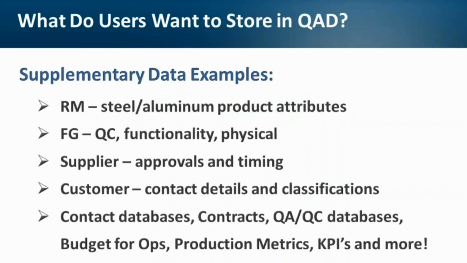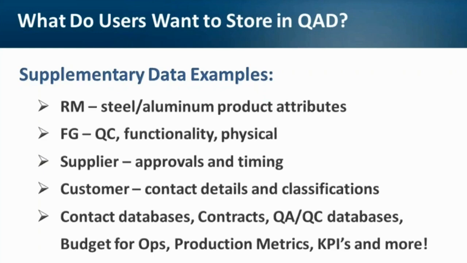What kind of supplemental data do users want to store in QAD ERP? As some of you may know, we've been helping QAD users since 2001, and over the years we observed that around 50%, about half of the people, would like to or require to store some additional information in the QAD database. And regardless of all these hundreds of existing QAD tables and thousands of fields, people still want to have stuff of their own.